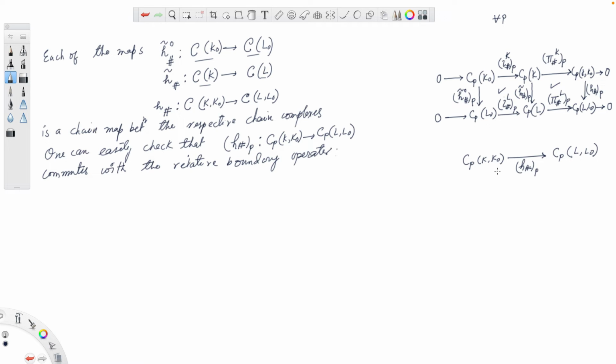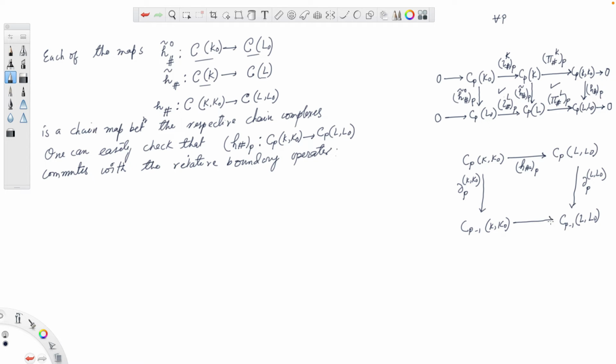And then there is this boundary operator, del p K comma K0, the relative boundary operator that takes us to Cp minus 1 of K comma K0, which is the p minus 1 chain group of K mod K0. And then this relative boundary operator del p L comma L0 takes us to the p minus 1 chain group of L mod L0.